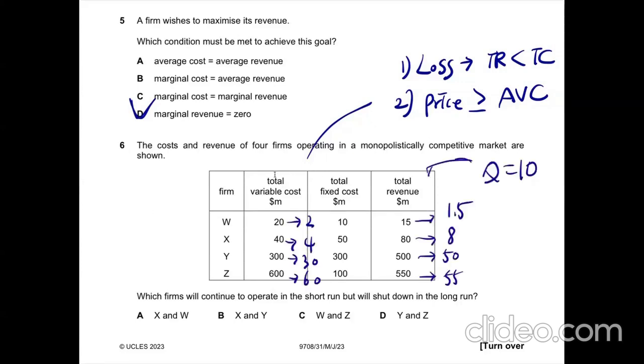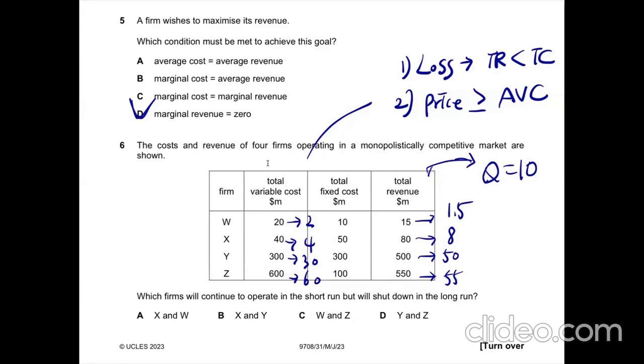Right. After finishing calculating all the average values, let me check each firm. For the first firm, W, the total revenue is 15, total cost is 20 plus 10, 30, so it is making a loss. For the second condition, its average variable cost is 2, but the market price is 1.5.